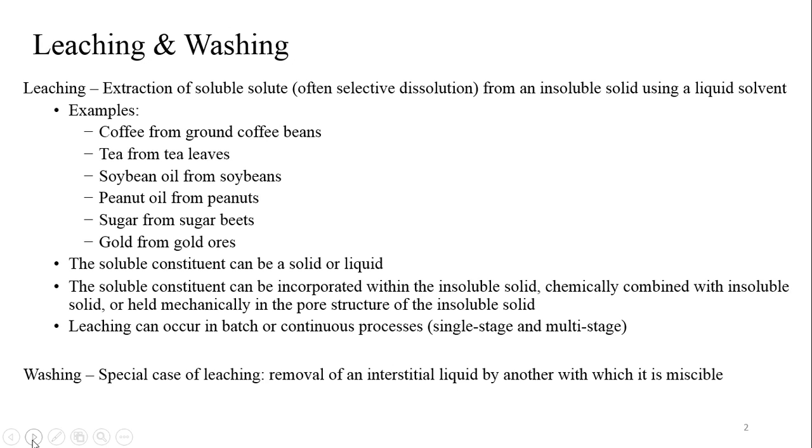Another really big one is sugar from sugar beets, right? But it also shows up a lot in processing minerals. I'm not making this an exhaustive list, but gold from gold ores, and there are all kinds of other minerals that are processed using these kinds of systems.